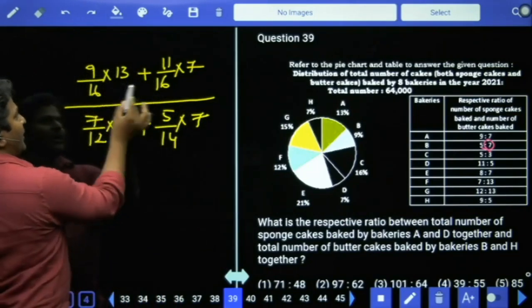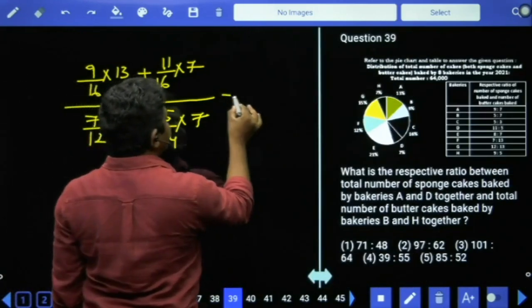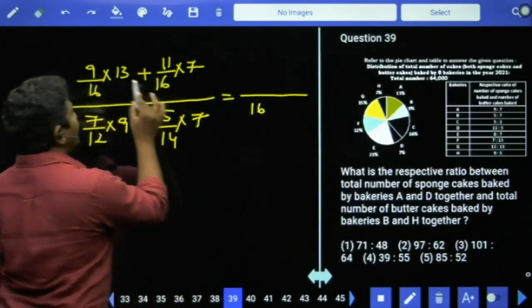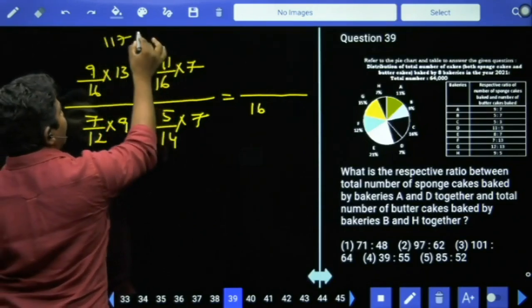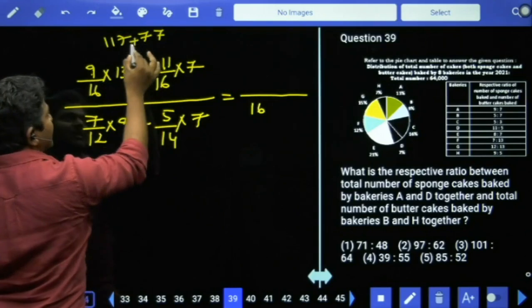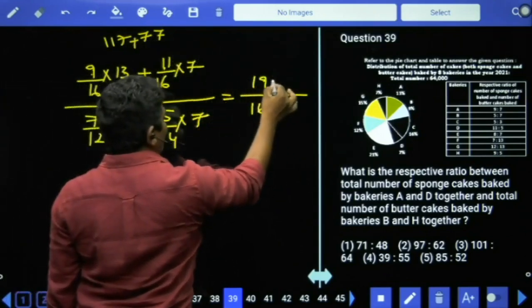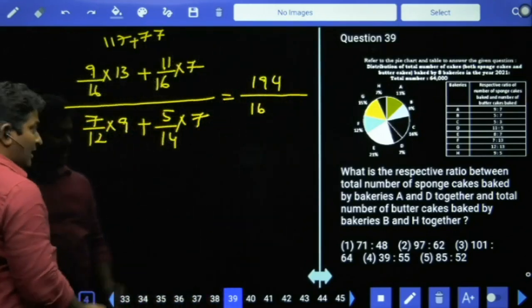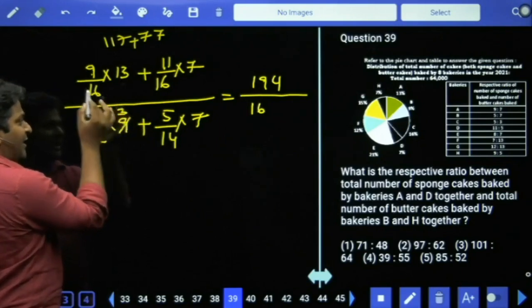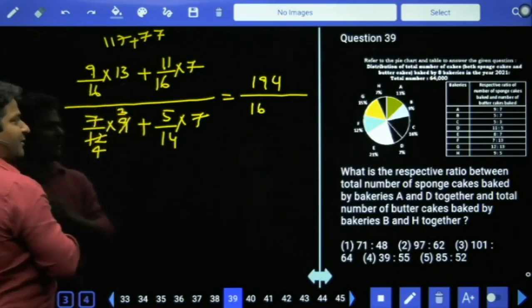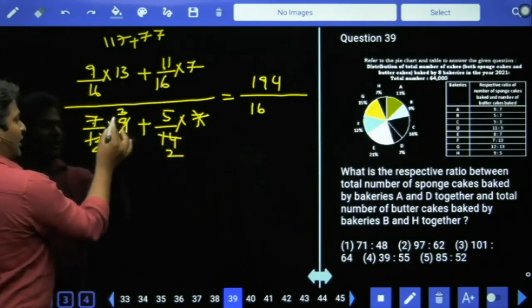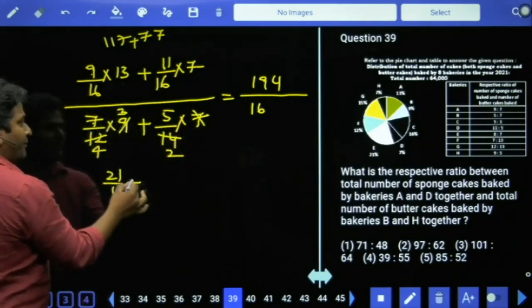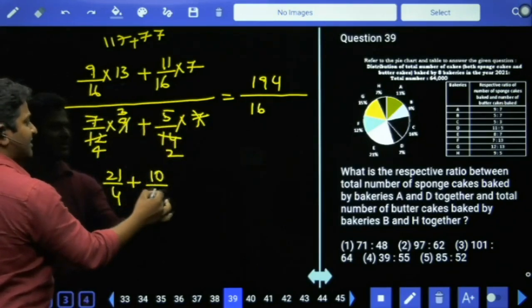So now in the denominator you can take 16 common. 9 into 13, 117. 11 into 7, 77. Sum of both the numbers, 194. And then 3 times here, 3 4 times here. 7 once and then 7 2 times. 21 by 4 plus 5 by 2, we can write it as 10 by 4.